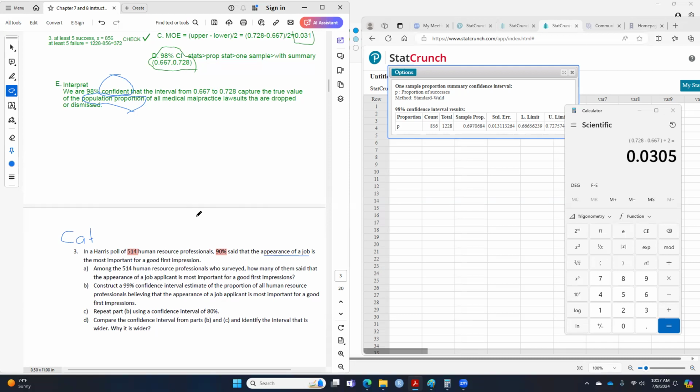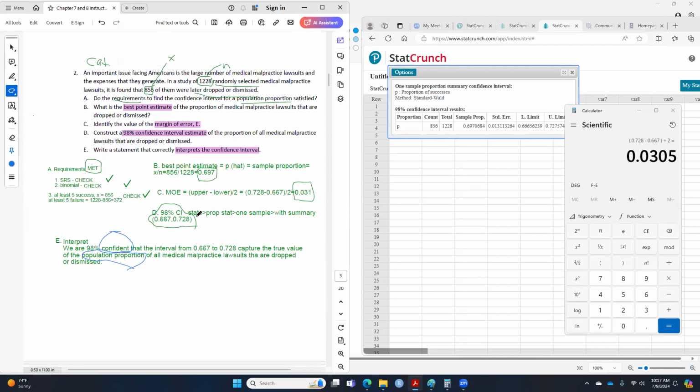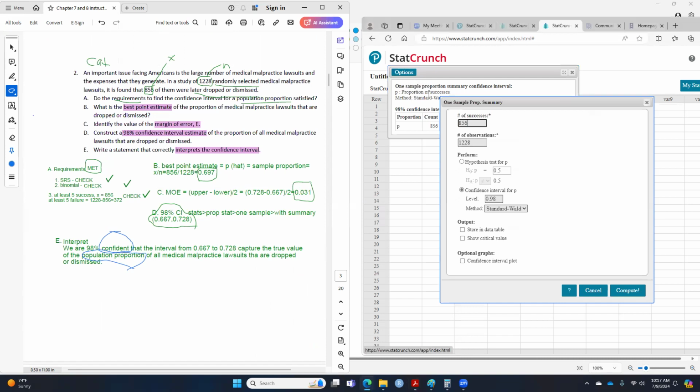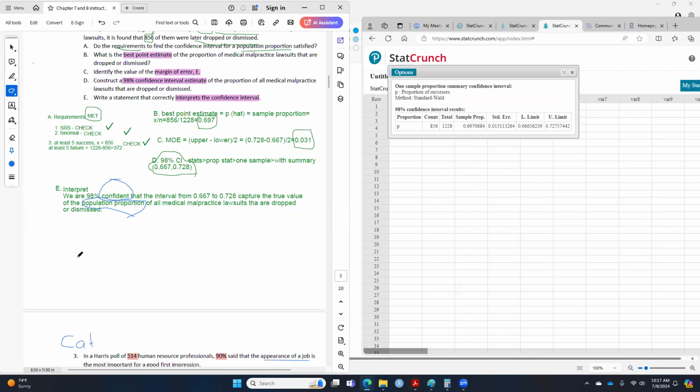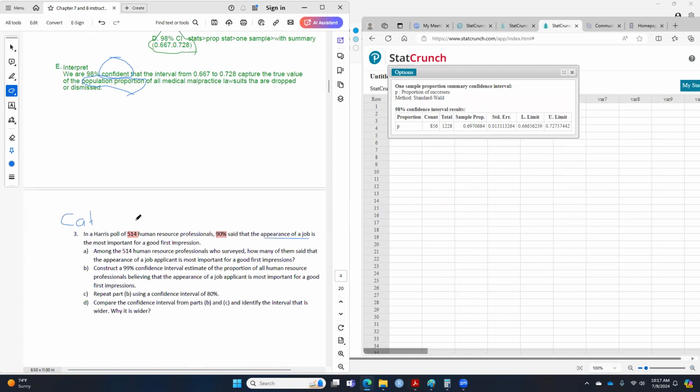Now, this question is a little bit different from question 2, because question 2 gives us x and n, which we put into StatCrunch. However, in question 3, they give us n, which is how many people they surveyed. That is the sample size, or number of trials, but they give us 90%.